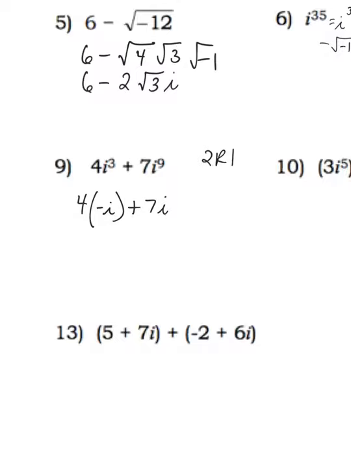I can't convert the -i, but I can change this entire term to -4i. I can rewrite that because I'm actually multiplying them, and then you can acknowledge that these are like terms that can be combined one last time. So your answer to this would be 3i.